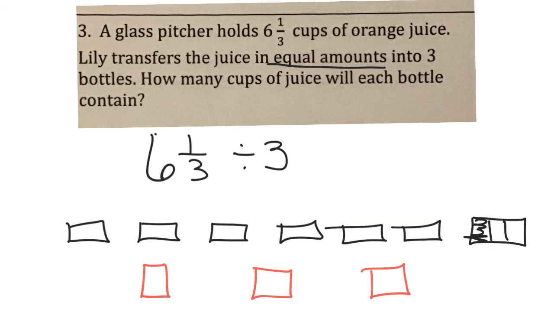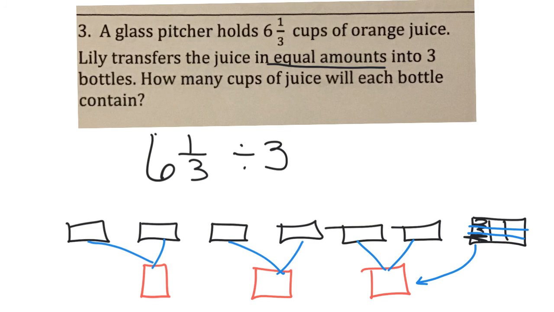So if I look, I can do, okay, 1, 2 cups, 1, 2 cups, 1, 2 cups, but then I still have to separate this 1/3 into the 3 bottles. Well, if I cut this into thirds, each one of them would get one of these little pieces.